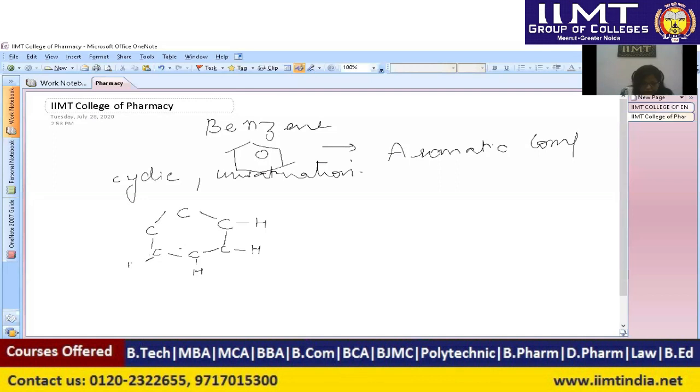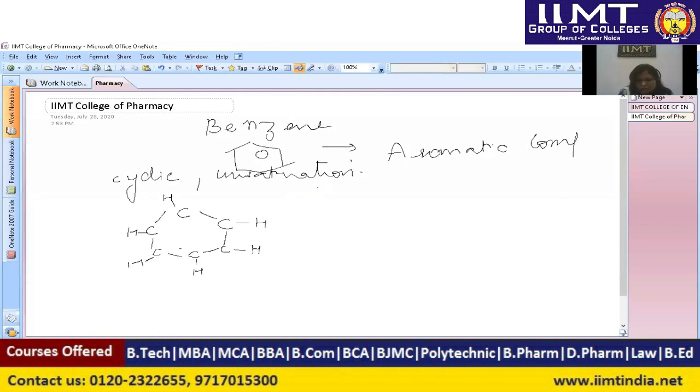So benzene has 6 carbon atoms and 6 hydrogen atoms associated with it. So a cyclic structure with unsaturations can be defined as benzene.